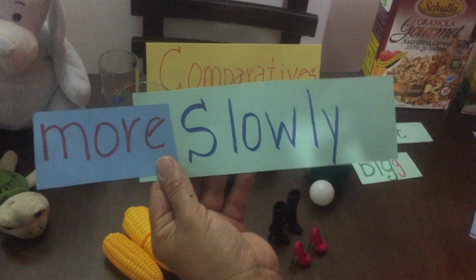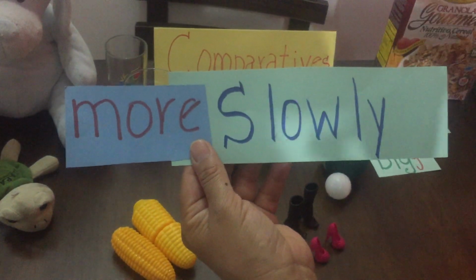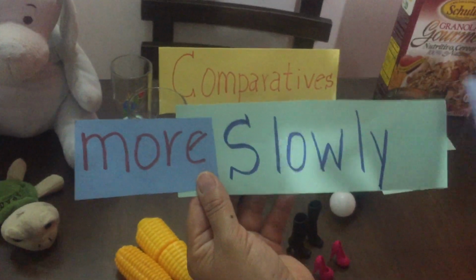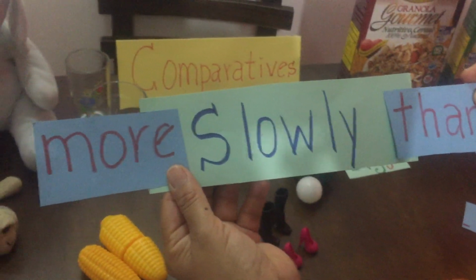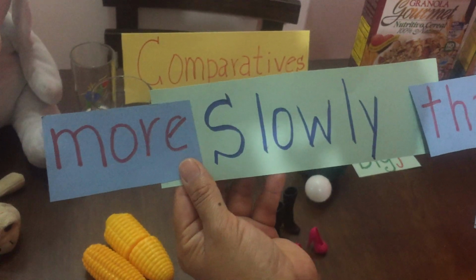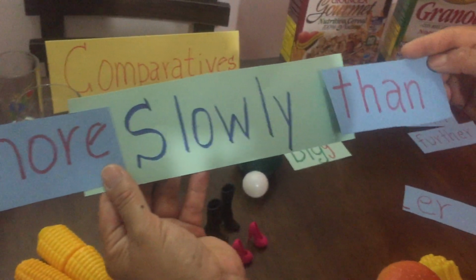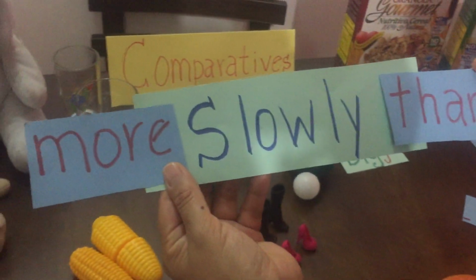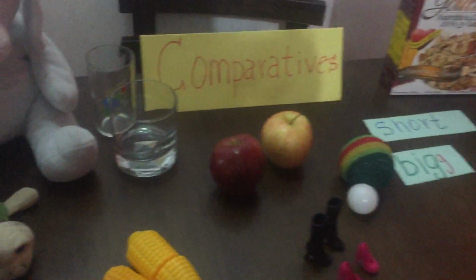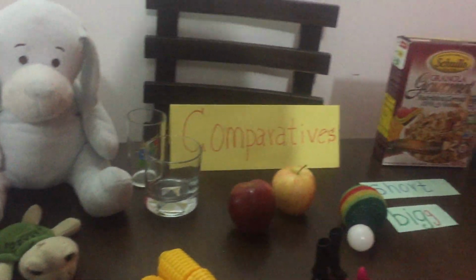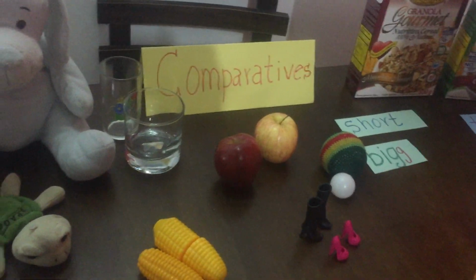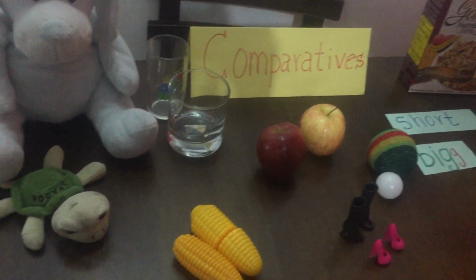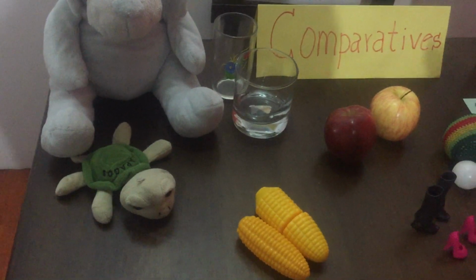Why? Because when you use an action, you have to use an adverb. That's why I said Maria walks more slowly than Anne.